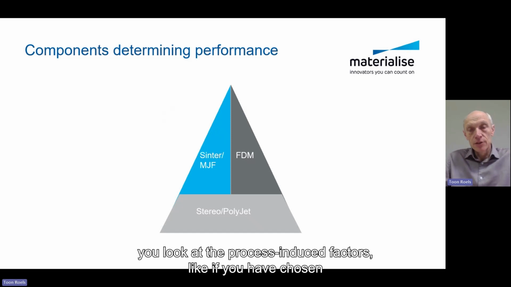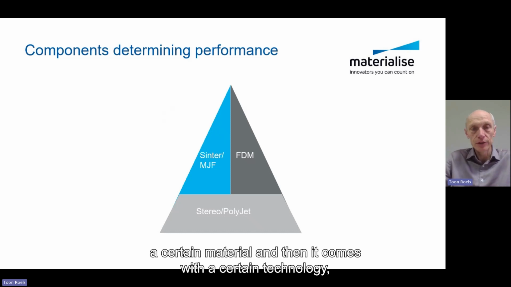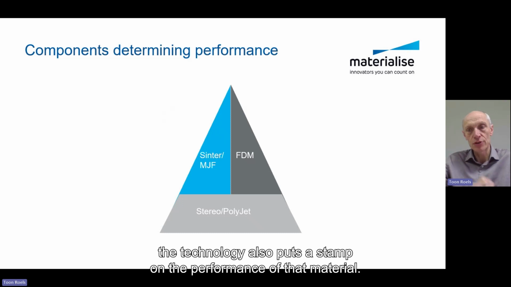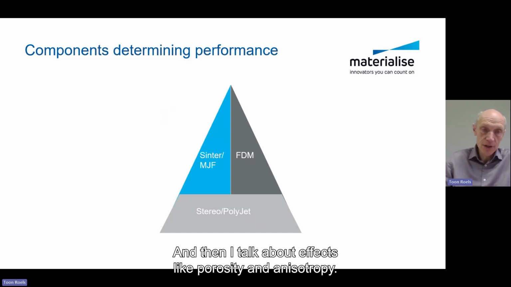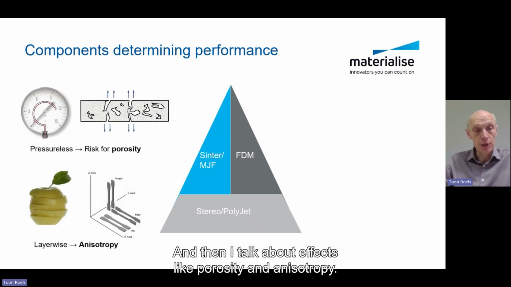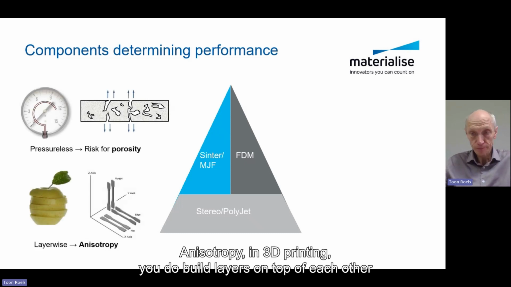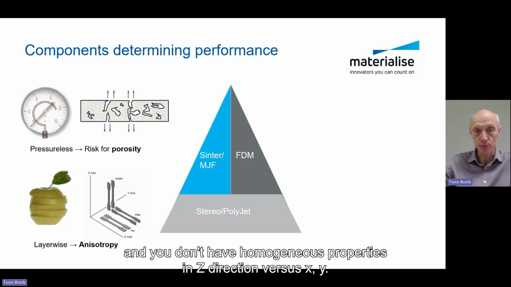So this is the inherent performance pyramid of the materials. And then if you look at the process-induced factors, like if you have chosen a certain material and then it comes with a certain technology, the technology also puts a stamp on the performance of that material. And then I talk about effects like porosity and anisotropy. Anisotropy: in 3D printing, you build layers on top of each other and you don't have homogeneous properties in Z direction versus XY.